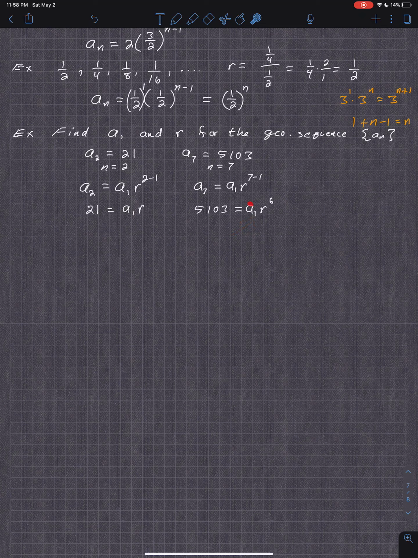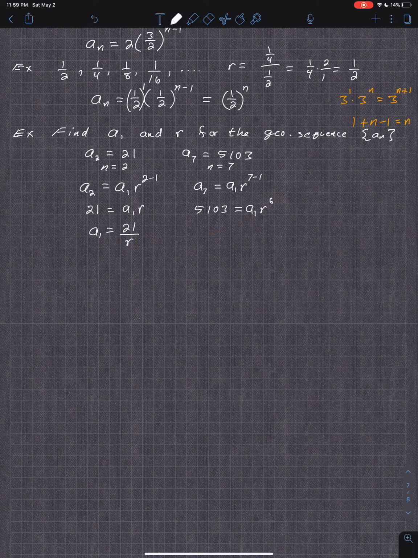So the simplest thing it looks like to me is solve for A1 and then plug it into there, substitute it in. I think that's the best bet. So we get that A1 is 21 over R, and then we're going to take that and substitute, and you'll see that that R is going to reduce that power.